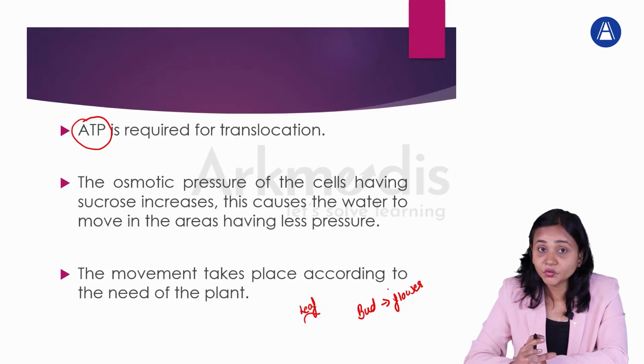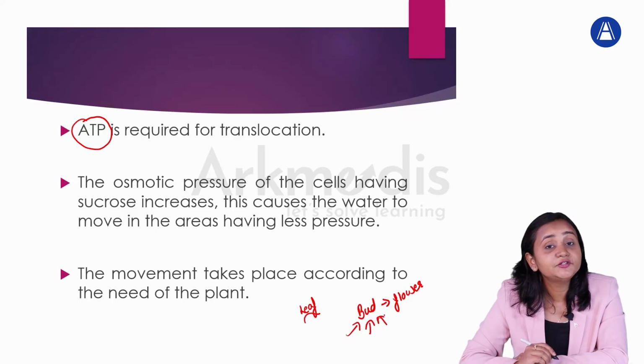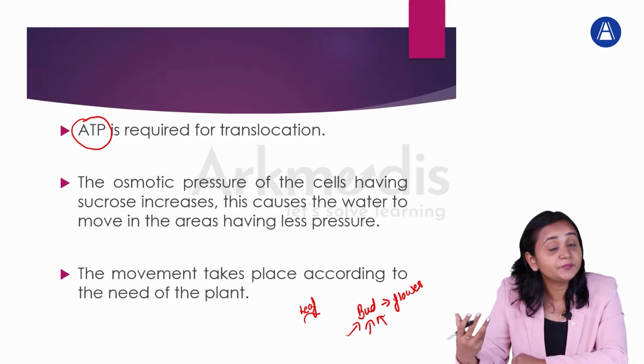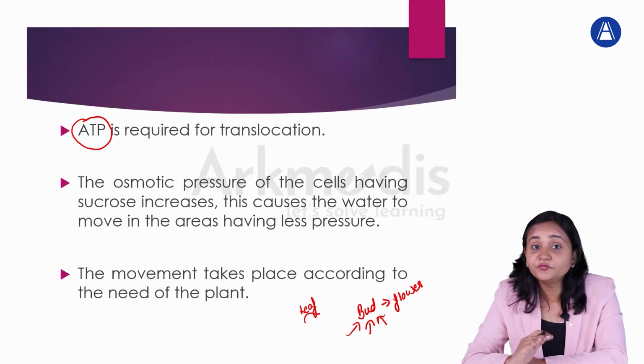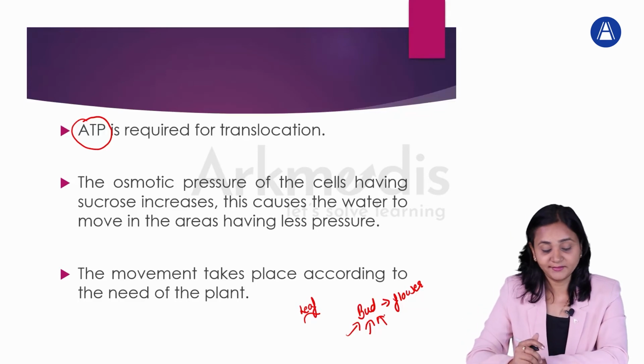So, the sucrose will move towards this bud so that it can grow into a flower. This movement of food depends upon the energy required. The place where more energy is required, or where the growth and development of the plant has to take place, this food will definitely go towards that particular region of the plant.